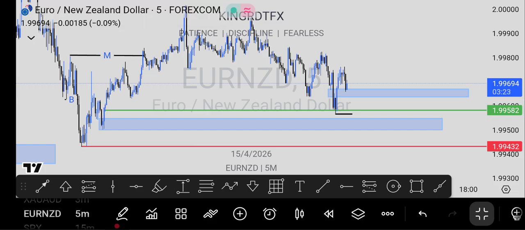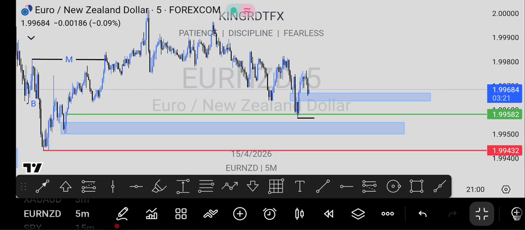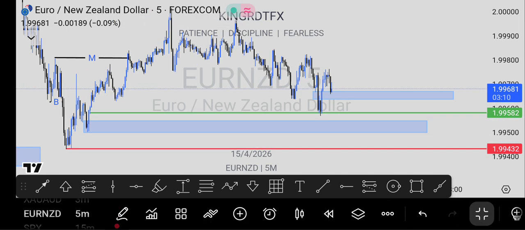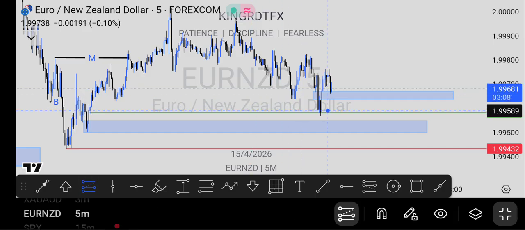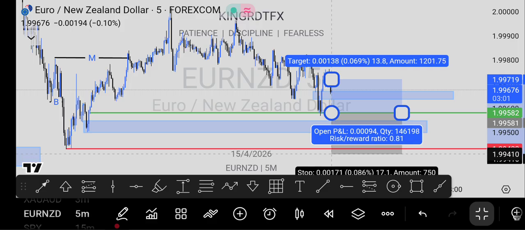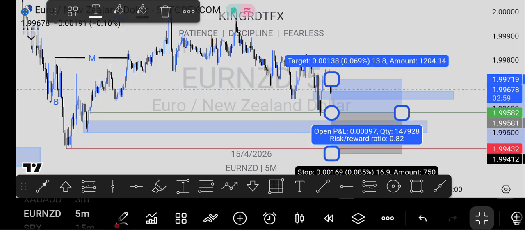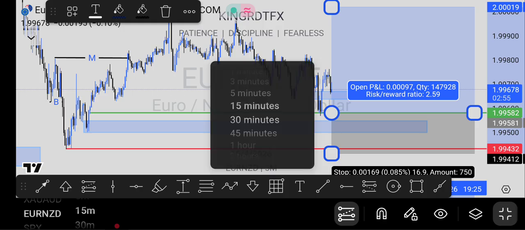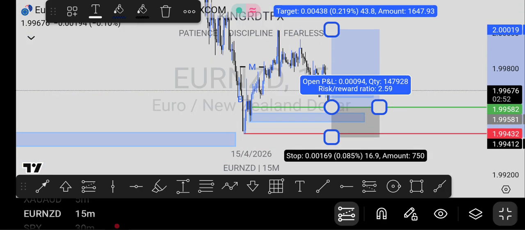I'm gonna enter from this green line. That's gonna be my entry on the fair value gap, right? That's gonna be my entry. So this is what I'm gonna do. Put my entry here, boom, stop loss below this red line, then I target internal range liquidity.